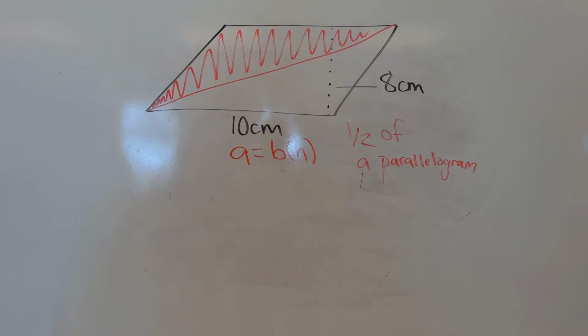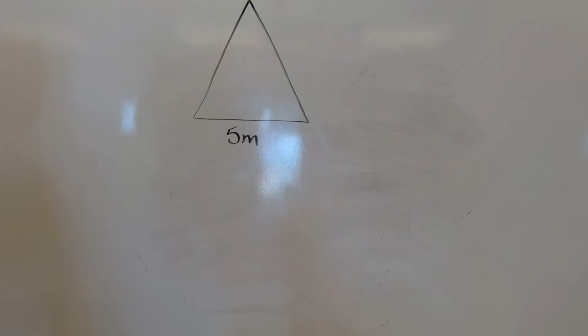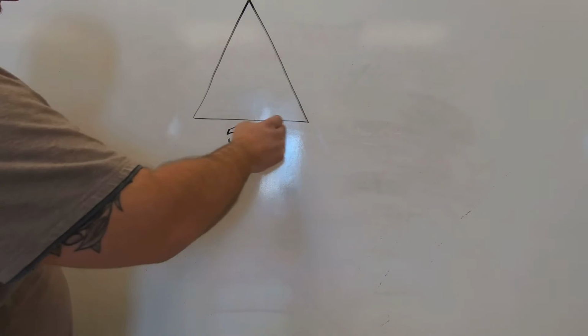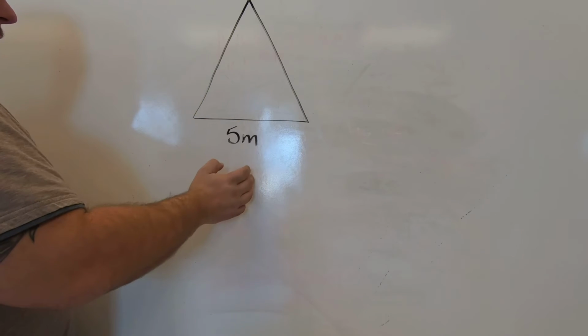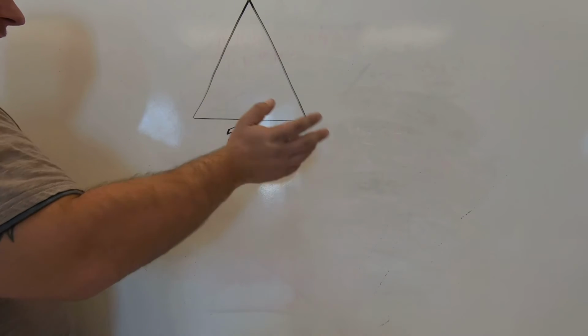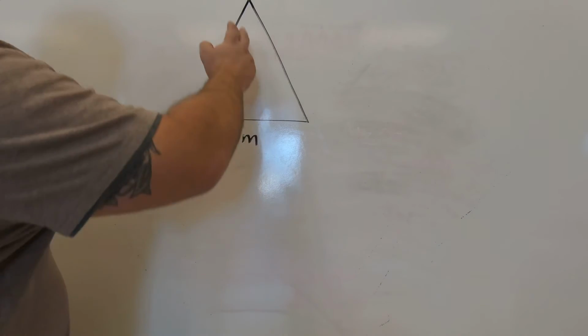Okay, so let's take a look at this one we have here. I have a triangle here, and I want to make something very clear before we get started, and that is, where is the height? In a triangle, there's only going to be one base, and it's going to be relatively obvious where it is. With parallelograms, the height was the distance from the base to the base.